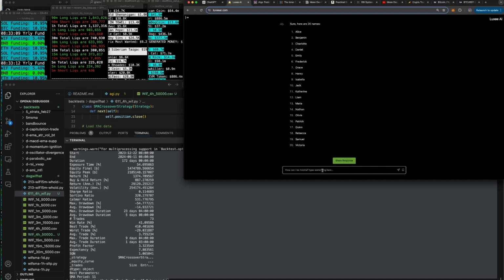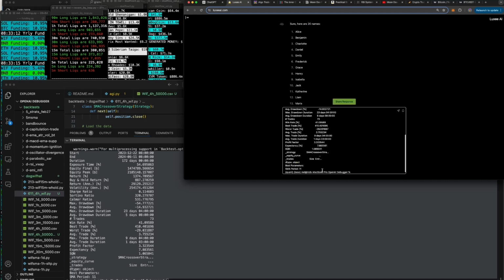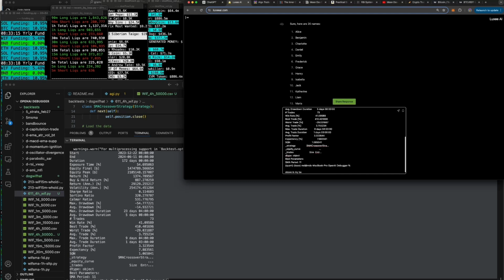Okay, so here's my backtest. Above is my backtest for the below code.